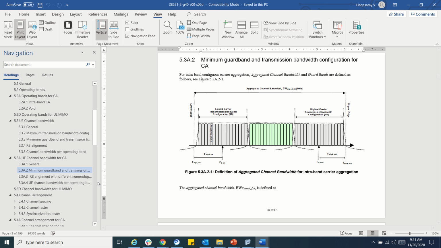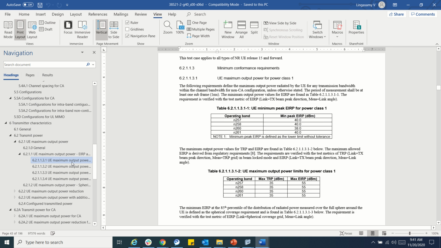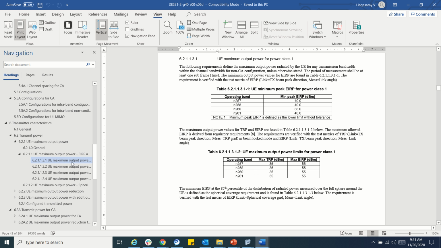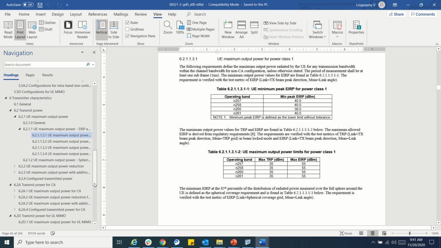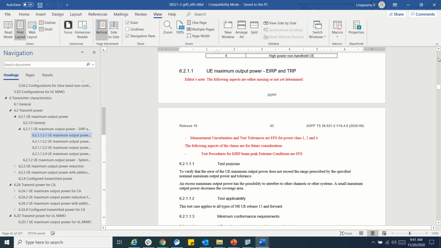Everywhere we are measuring either power, throughput or modulation quality, but for different scenarios. In this 5G scenario you will be measuring EIRP, TRP and other things.